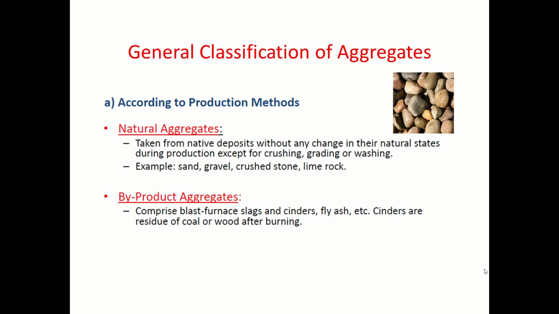Examples are sand and gravel, crushed stone, and limerock. There is another type called byproduct aggregates, which comprise blast furnace slag, cinders, fly ash, etc. Cinders are the residue of coal or wood after burning.